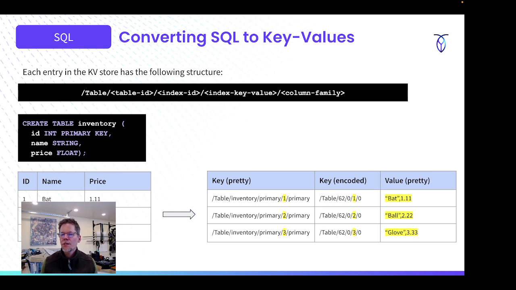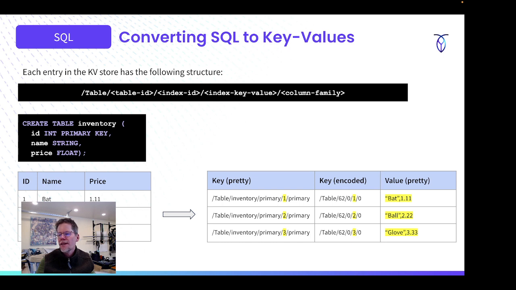For this really simple example of the inventory table with the name and a price, it's easier to look at the pretty version of the key, because you can see it all listed out, but that gets compacted down when we encode it. So that would be table inventory, primary references the index, and then the 1 would be the primary key value, or the index key value.